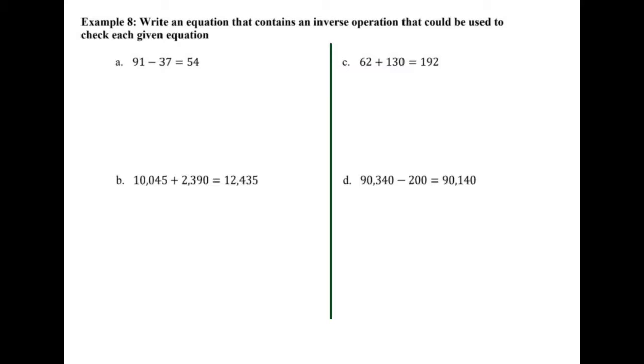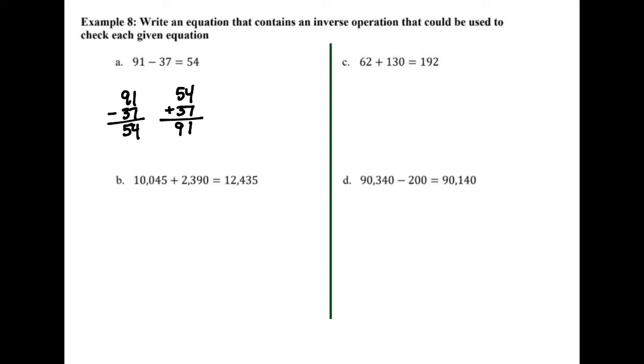On example 8, it just says write an equation that contains an inverse operation that could be used to check each given equation. Let me show you how we do that. What we have done in the past is working up and down. This isn't an equation. This is kind of like scratch work. We check this by our answer, adding the number we subtracted, and see if we get 91, which we will.